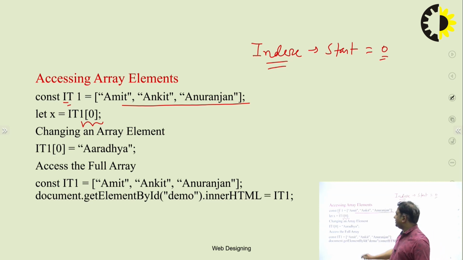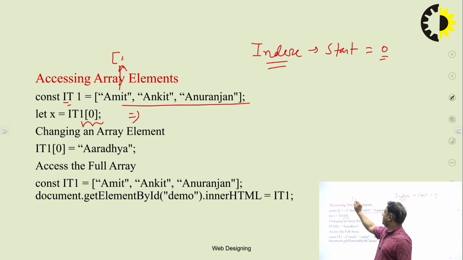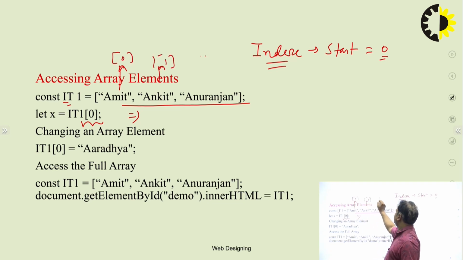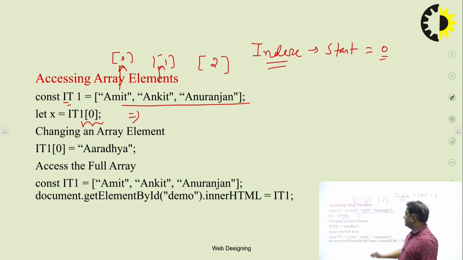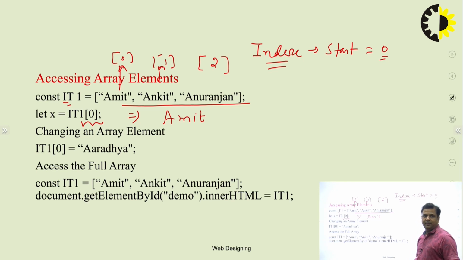So suppose I say it1[0], this will give the output of the element which has index 0. In this array, this one has index 0, this has index 1, and this has index 2. So it will return it1 at index 0, which is Amit, right?